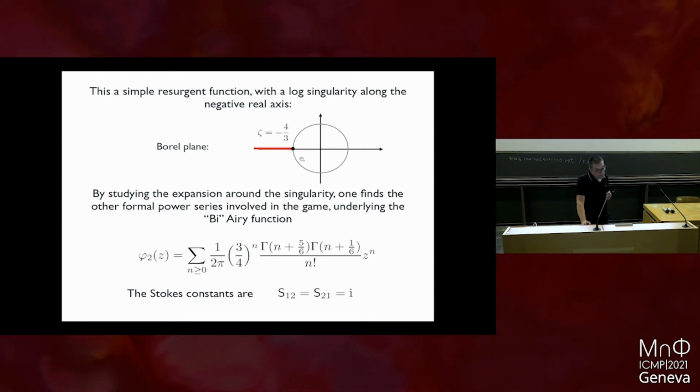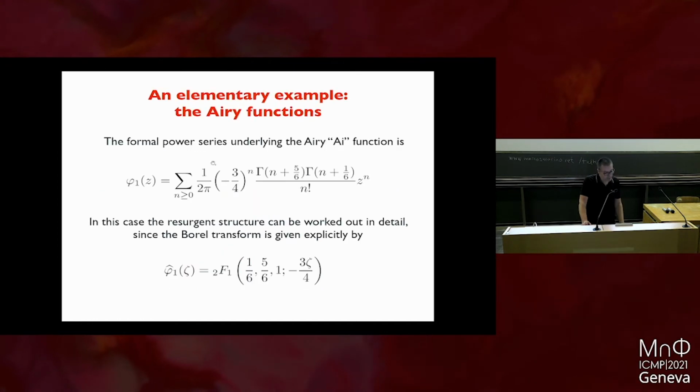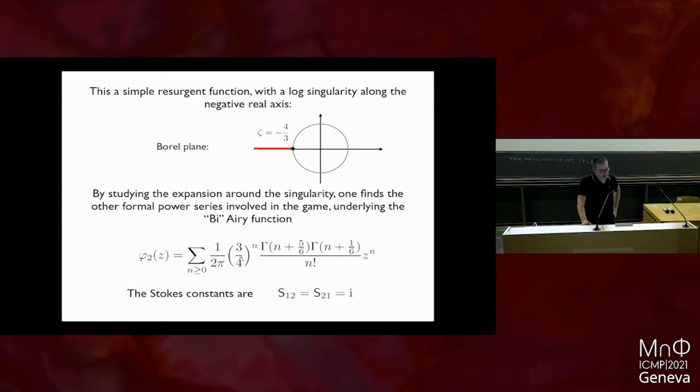Now, if you study the expansion of the Borel transform around this singularity, you will actually get a new series. And this new series is very, very similar to the original series that I found before, just has a different sign here. So my original series has a minus sign, so it was like an alternating series, while this series here doesn't have a minus sign.